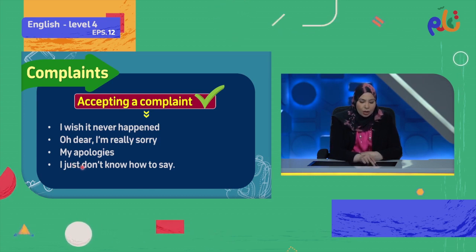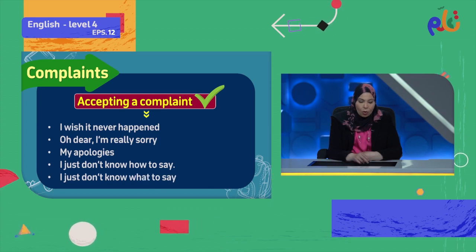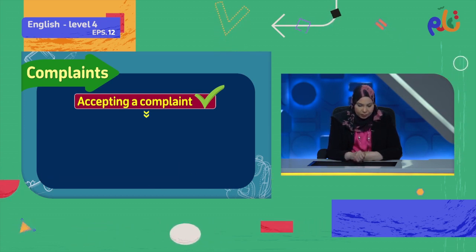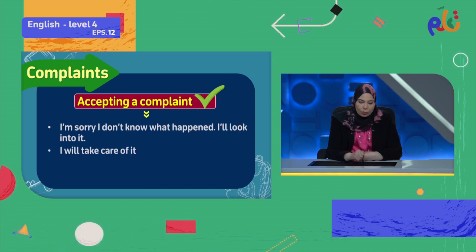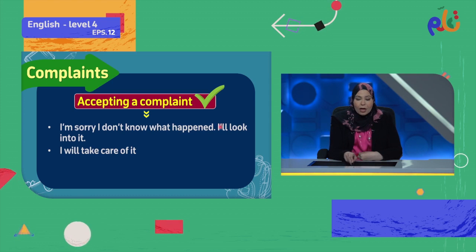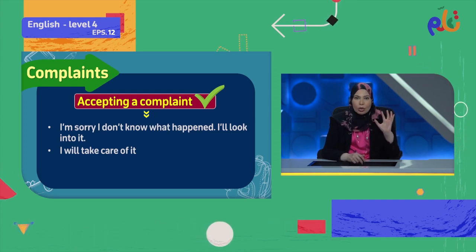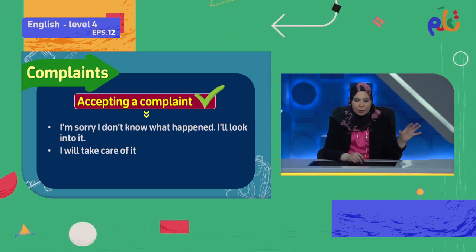Or I just don't know what to say. And we also have, I am sorry, I don't know what happened, I'll look into it. Like when you tell me I ordered chips and you brought me salad, it's like, I'm sorry, I don't know what happened, I'll look into it. Or I will take care of it, which means I will sort out the problem or fix the problem.